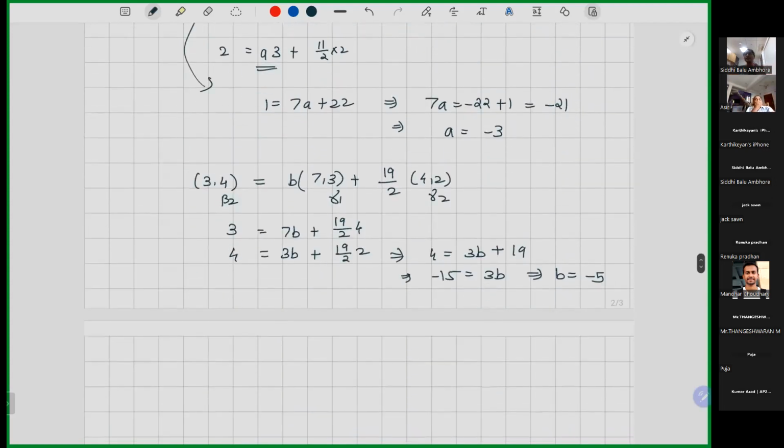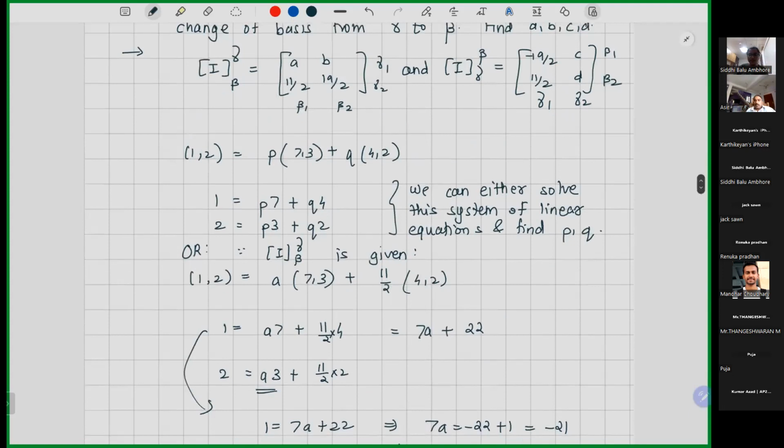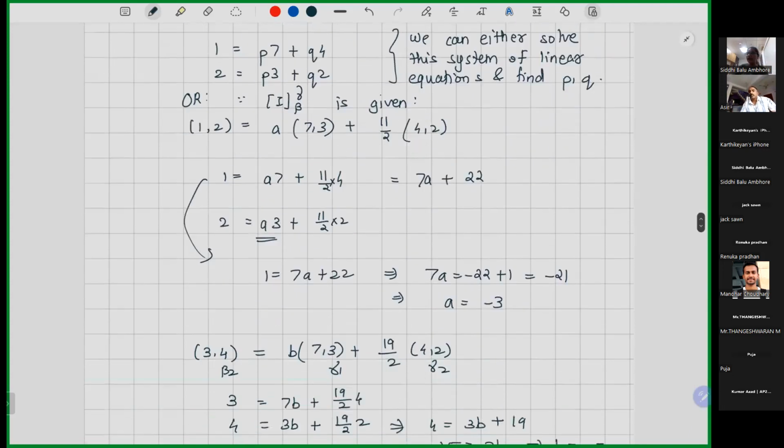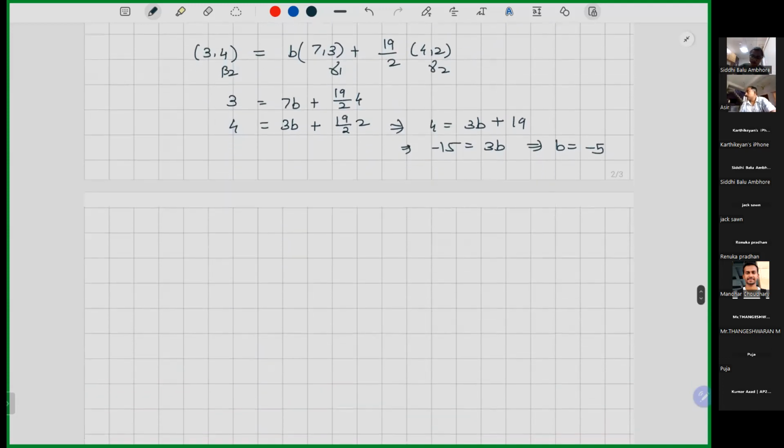And if you have any doubt, please write it in the chat, or please unmute yourself and you can ask the question. So for the second part, that is finding C and D, what I have to do is just write gamma 2 in terms of beta 1 and beta 2. So gamma 2 is equal to C beta 1 plus D beta 2.